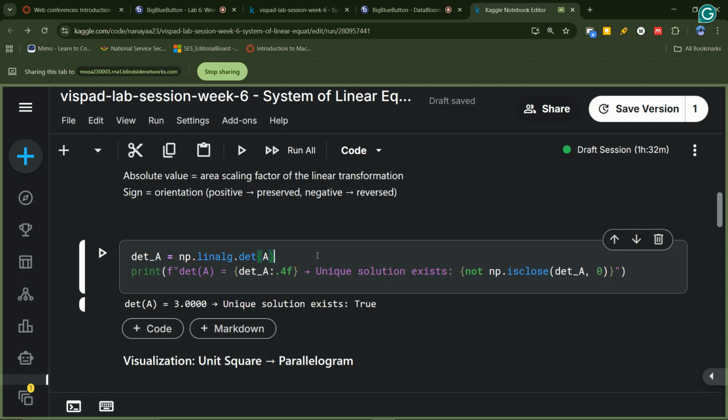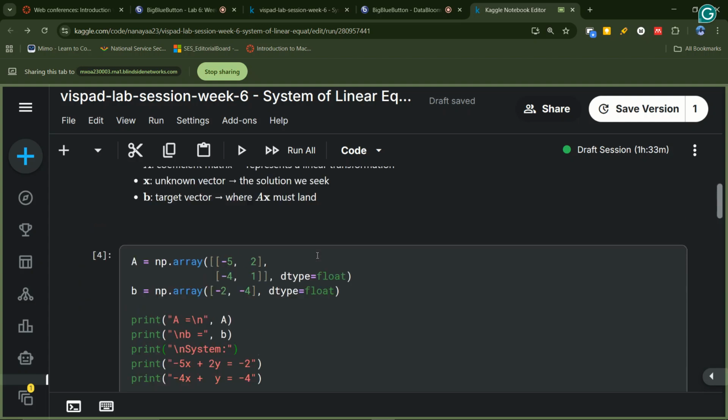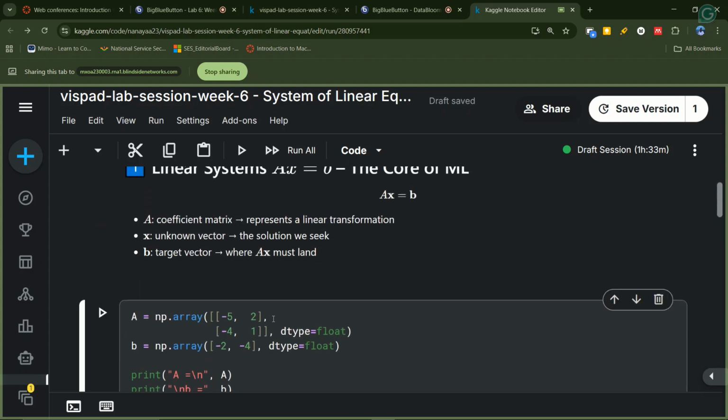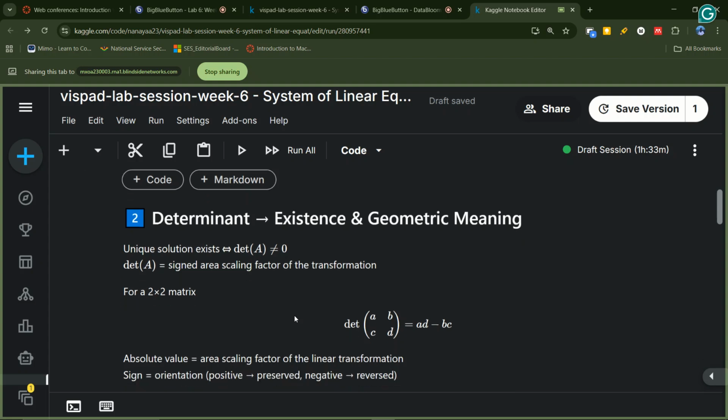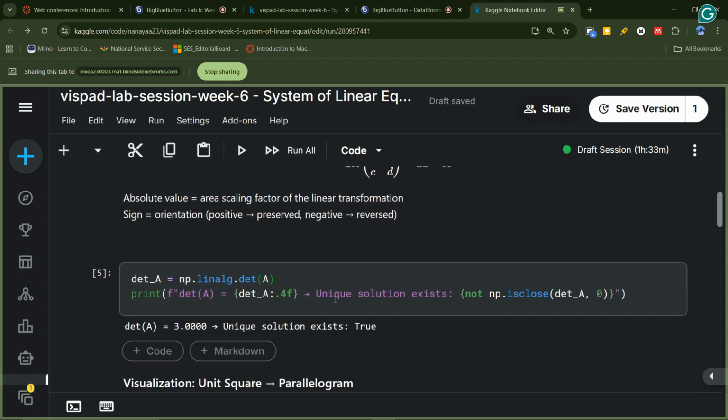To find the determinant of the matrix that you defined here earlier, remember A was this, right? A was -5, -4, 1. Great. So to find the determinant of A, it is np.linalg.det, and in brackets, A. We want to find the determinant of A. And the second line over here is trying to do something, right?